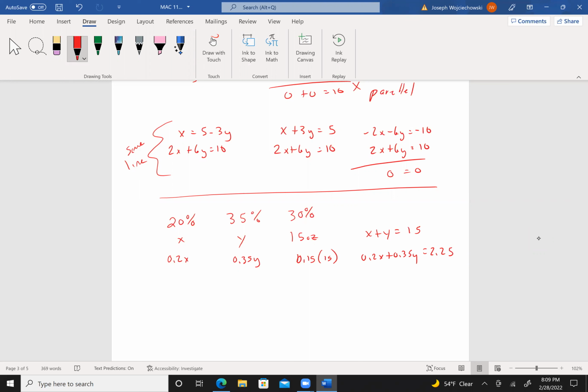I can go ahead and multiply through by 100 here and get 20x plus 35y equals 225. So here I can eliminate the x by multiplying by negative 20. I get negative 20x minus 20y equals negative 300.